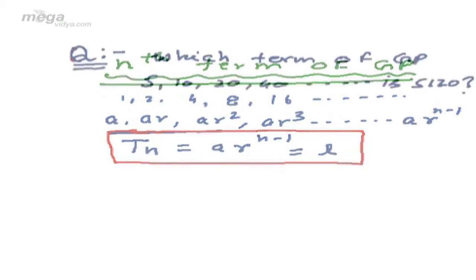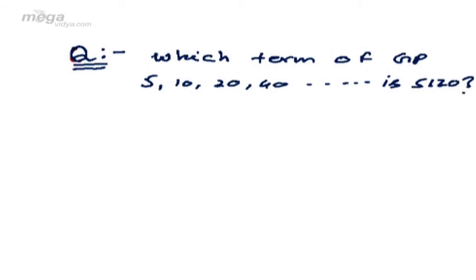For example, which term of the GP 5, 10, 20, 40 is 5120? This is a question related to the nth term of the GP. In this question, the first term is 5 and the second is 10, so the ratio is 2. The last term of the sequence is 5120, which is Tn, or you can also say this is L, meaning the last term.